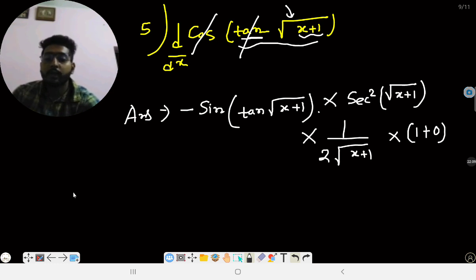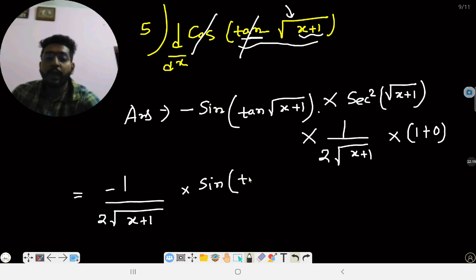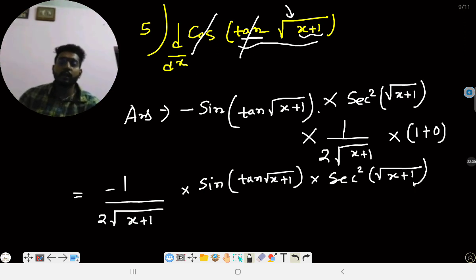So the answer will be minus 1 by 2 root x plus 1 into sine tan root x plus 1 into sec square root x plus 1, like this. That will be the derivative of this one. Okay, so here you have used the chain rule.